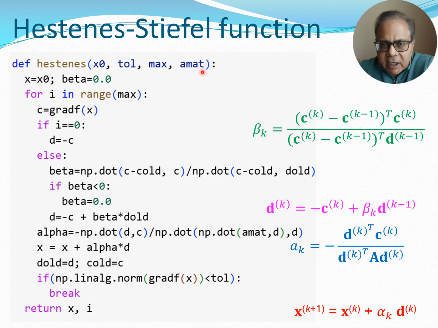Remember, the matrix A is coming into these functions through the argument list. Finally, I have d old is d, c old is c, and then I check for the norm of the gradient vector here. Keep doing the for loop till I converge, and once I converge, I return x and i. x is the optimal value, hopefully, and i is the number of rounds it took to converge.